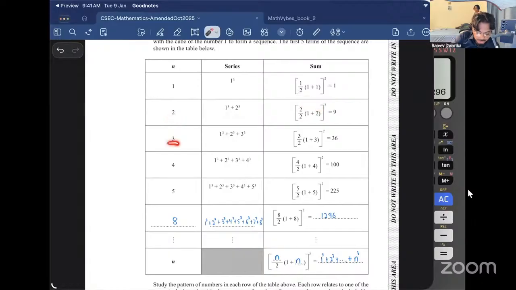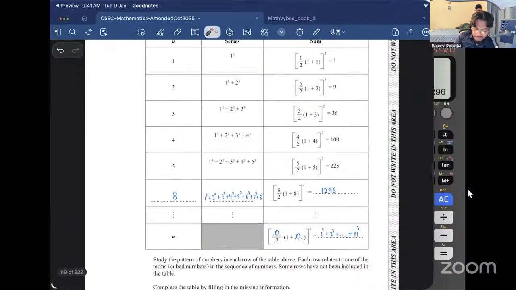When n is 3, we add all the cube terms up to 3, and replace this with 3 and this with 3. When n is 4, you go all the way up to 4 cube, and replace this with 4 and this with 4. So generally speaking, it's n over 2 by 1 plus n, and that should represent the sum of all the terms up to n cube.